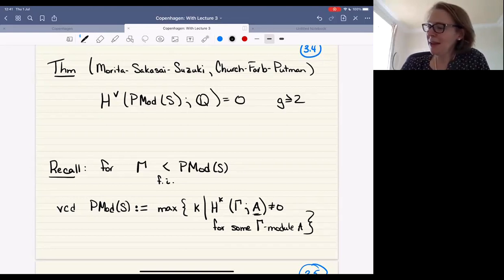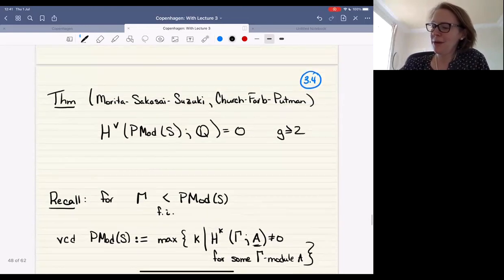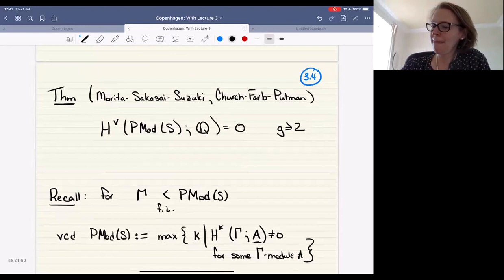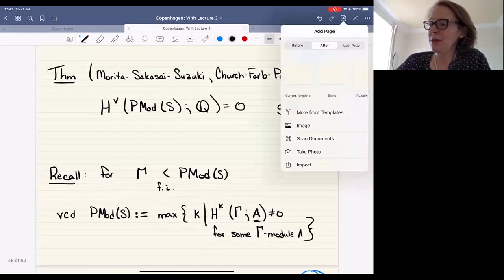Hang on a second, I might need another page. Let me see if I have room here. I'm going to insert a page here.